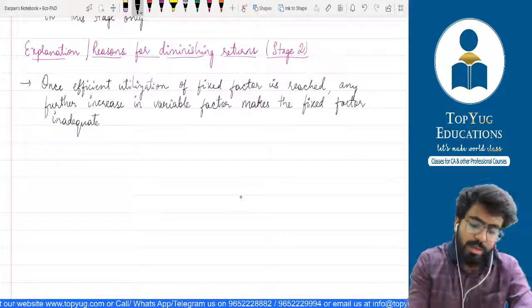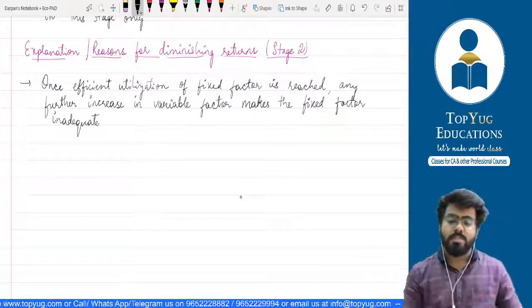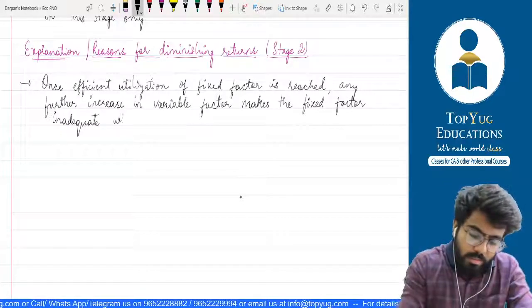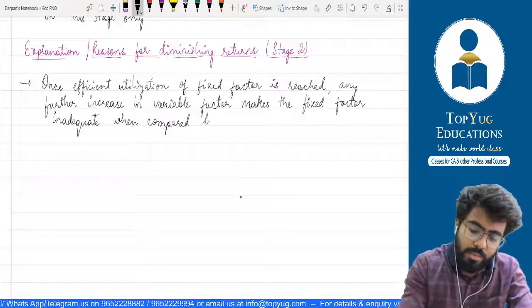Correct? Its capacity is not that much. The capacity is for 8, but you are employing 9, so you're making that fixed factor inadequate when compared to the variable factor.